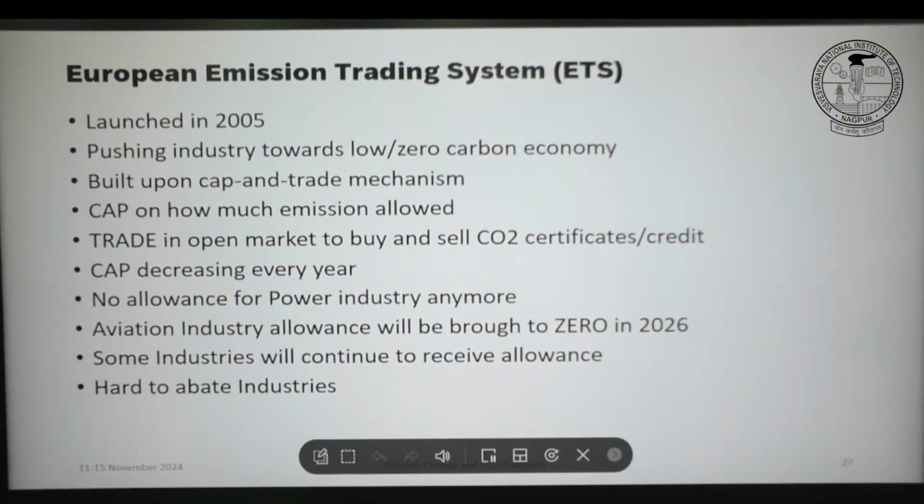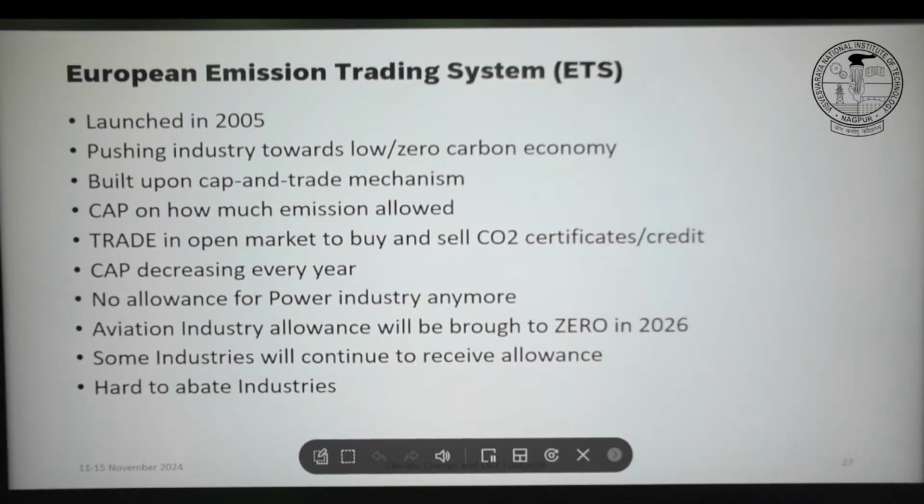So cap, as I said, is a cap on how much emission is allowed, traded in the open market like the stock market. From 2005 till 2010, I think the cap was not decreasing. That was phase 1 of the EU ETS. But since 2010, the cap is slowly decreasing.